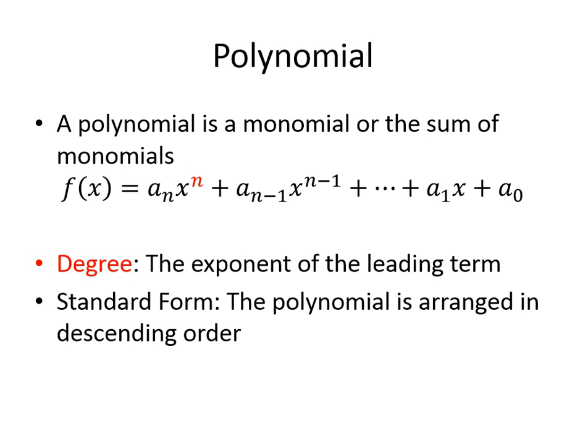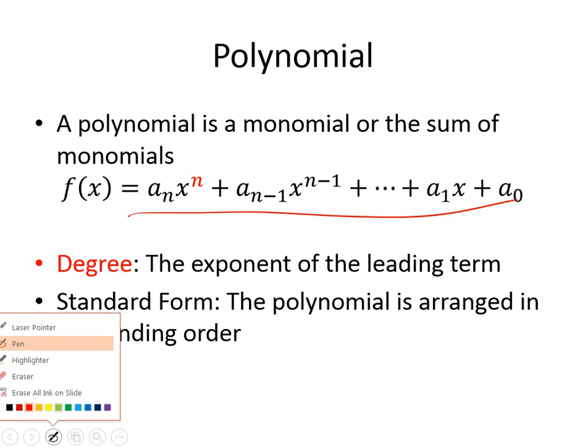So a polynomial is a monomial or the sum of monomials. And a monomial is one, mono, which usually means one term. And so this right here is just the general form of writing it. It's a constant times the variable x to some power.